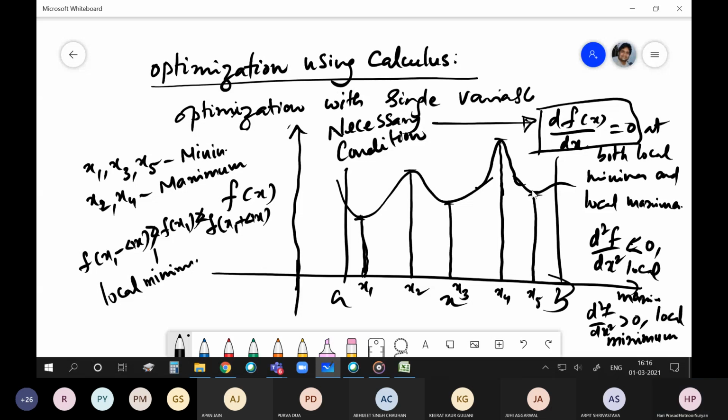So we have to put the values and compare. That every time you cannot do. Any idea?